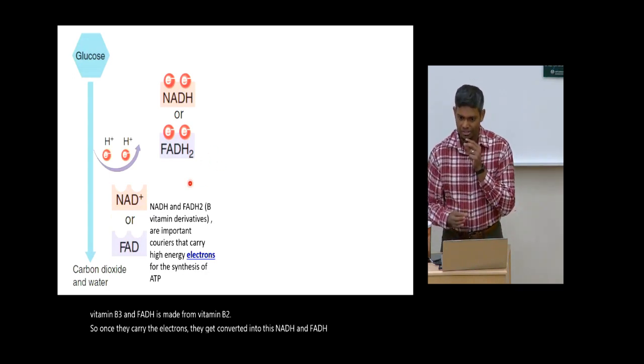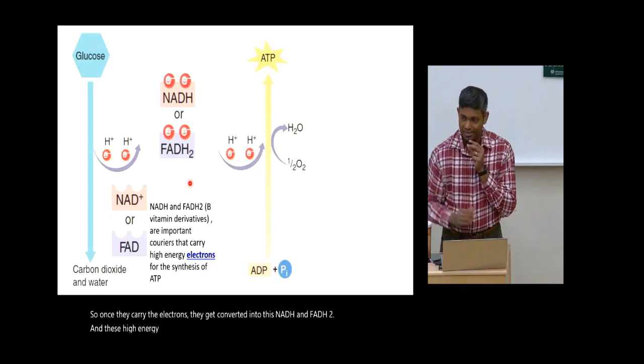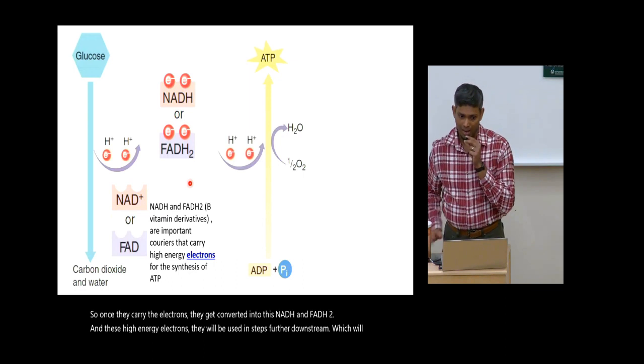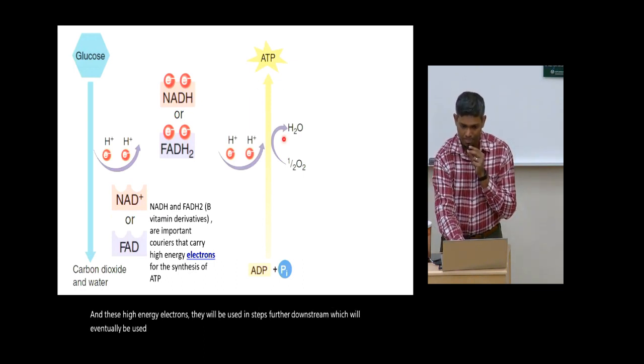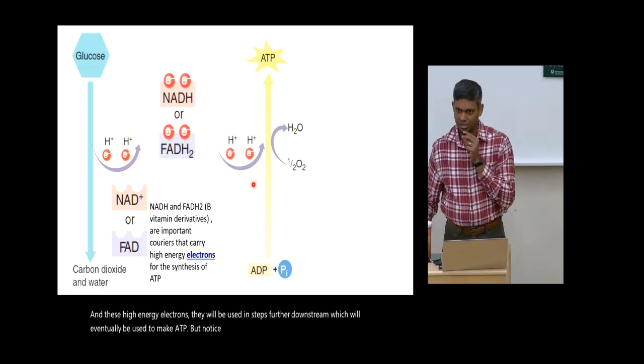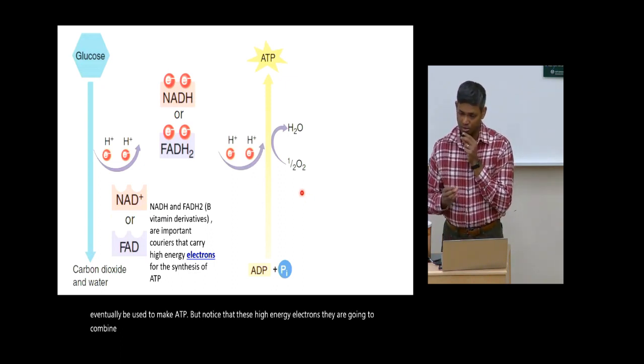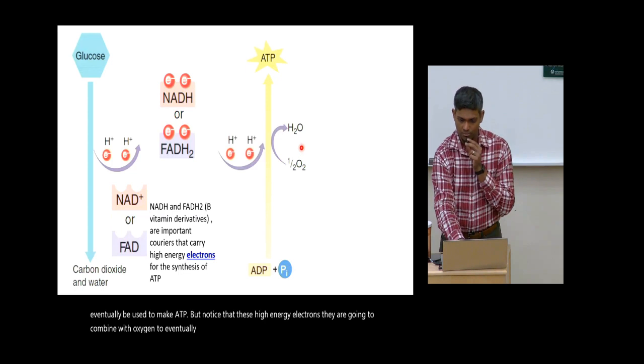And these high energy electrons, they will be used in steps further downstream, which will eventually be used to make ATP. But notice that these high energy electrons, they are going to combine with oxygen to eventually form water.